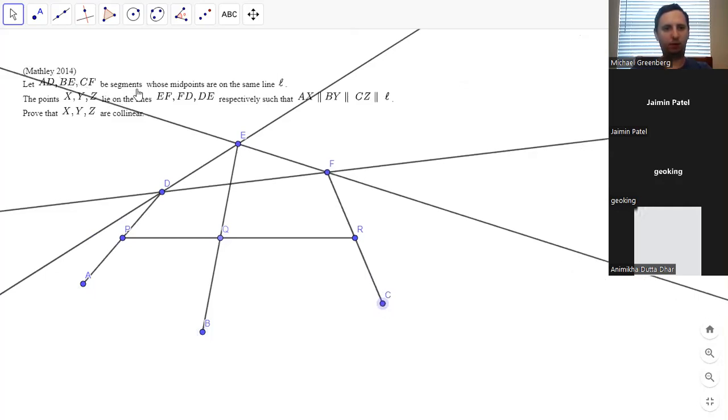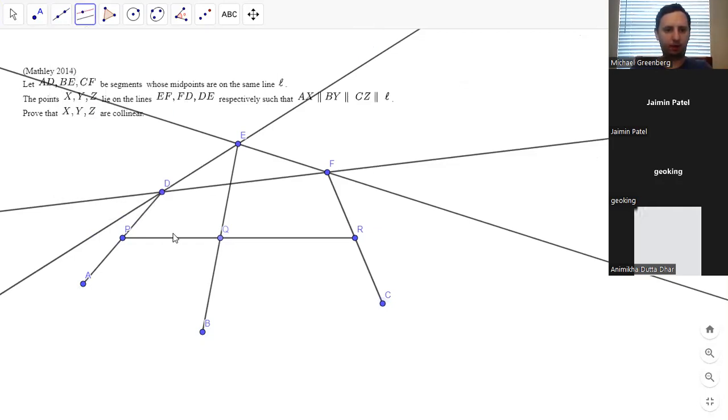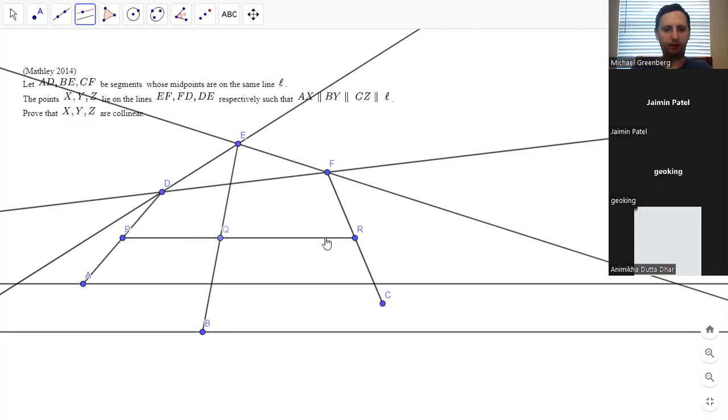And the points X, Y, and Z lie on these 3 lines, and those lines are all parallel to line PQR. So I'm going to draw that. But we need to see where these 3 lines intersect those lines. So I'm going to try to make the diagram a little better.